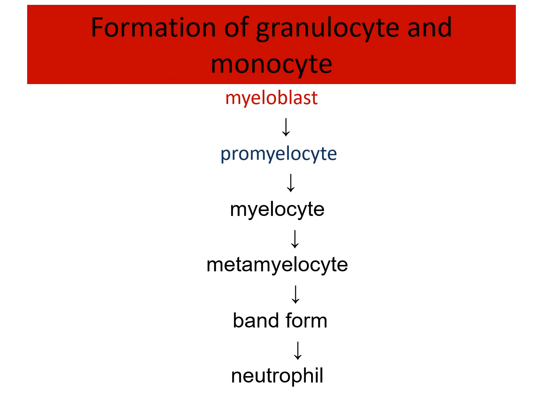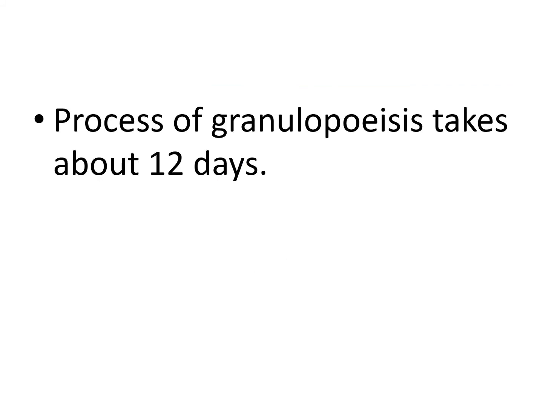So up to this upper portion the development is the same for eosinophils, neutrophils and basophils. Up to band form, it is present in the bone marrow. In the blood, the neutrophils appear. The process of granulopoiesis takes about 12 days.